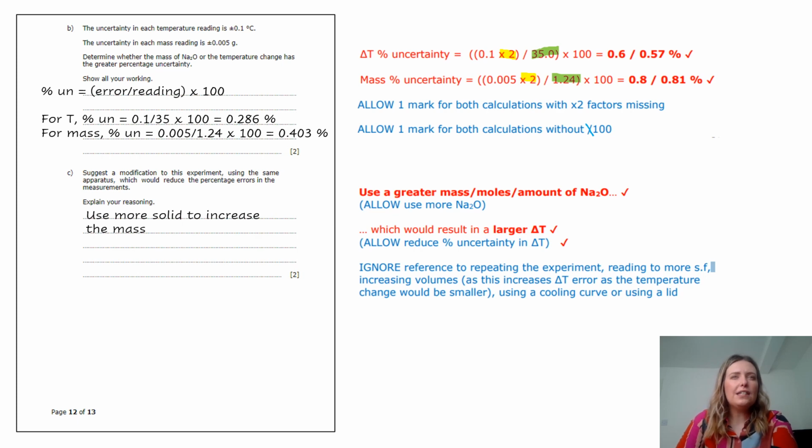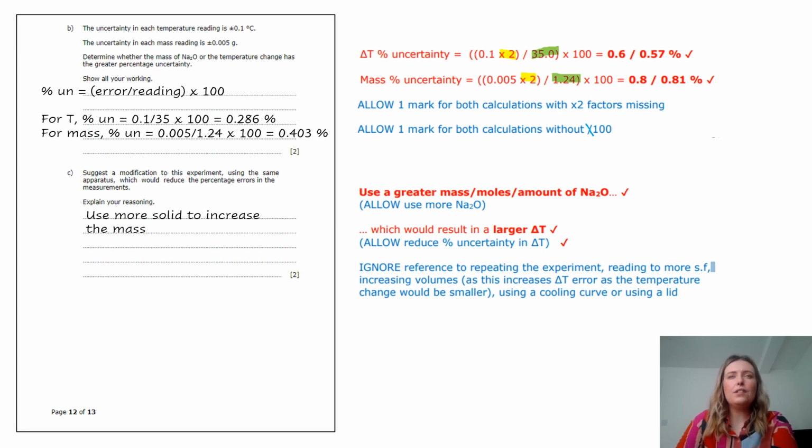If we wanted to suggest a modification to the experiment that used the same apparatus which would reduce the percentage errors in the measurements, then you would need to use a greater mass of sodium oxide. Okay? The greater mass of sodium oxide would increase the temperature change because more would be being reacted, and it would also increase the uncertainty with the mass measurement.